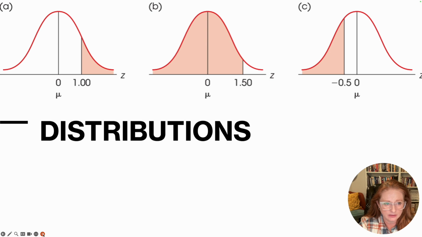Z equals 1. So the shaded in part right there, that's the tail. It's very, very small. Okay, look at B. Z equals 1.5 or positive 1.5. C. Z equals negative 0.5. Okay. Tail versus body, tail versus body, tail versus body.